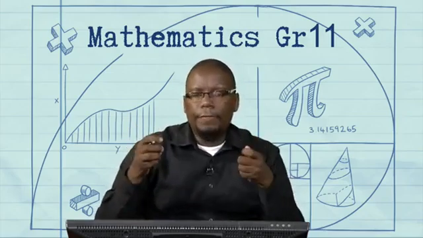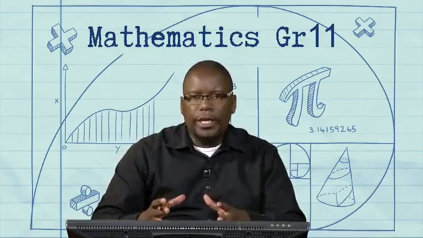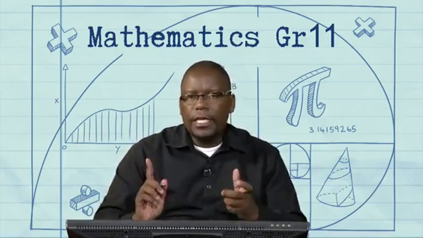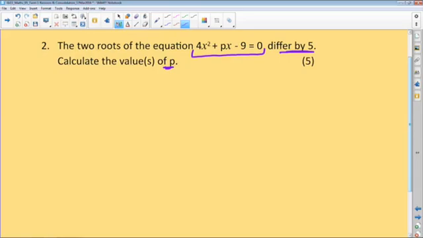You have the roots of that equation, and if they're saying they differ by 5, for instance, if one root is 2, it means the other one should be 7. So the difference between the two is 5. I'm just making that example.